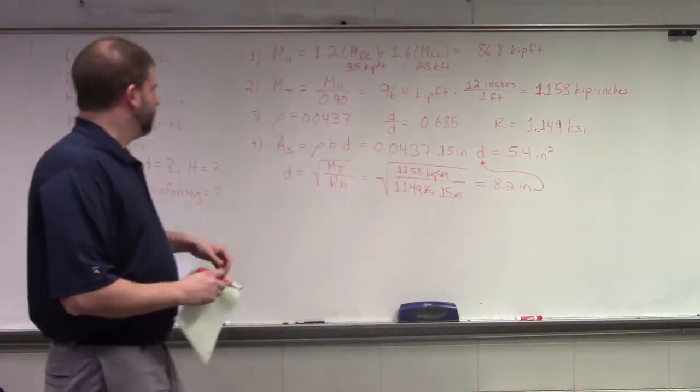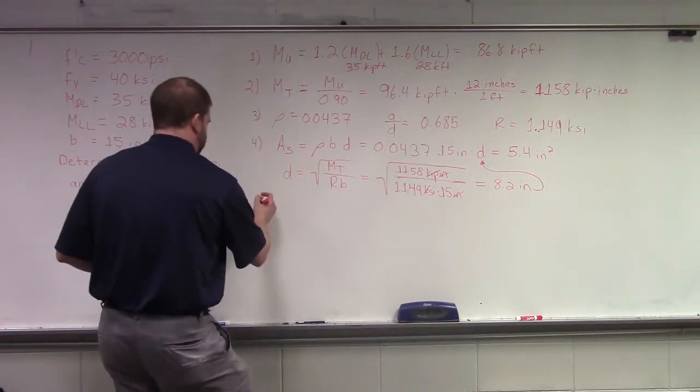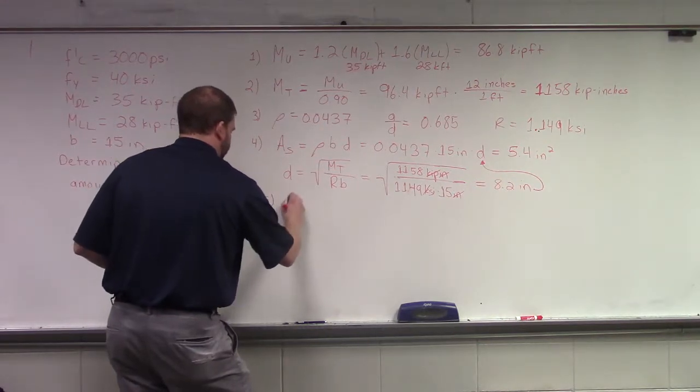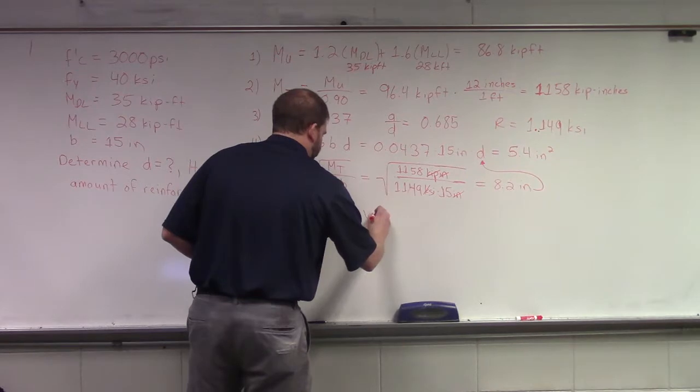So now what do we want to do? We know what D is, but we need to determine what H is for our contractor. What are the terms we need?